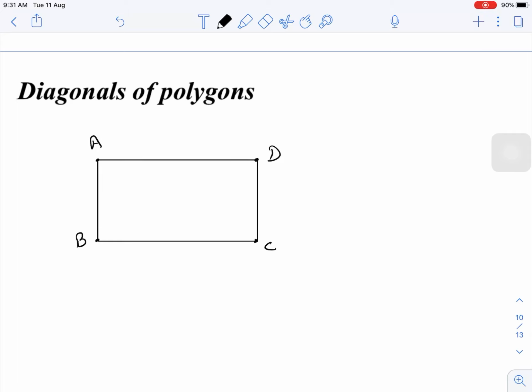Now in this figure, consider vertex A. Vertex B is a neighbor of A. In other words, these two are consecutive vertices.